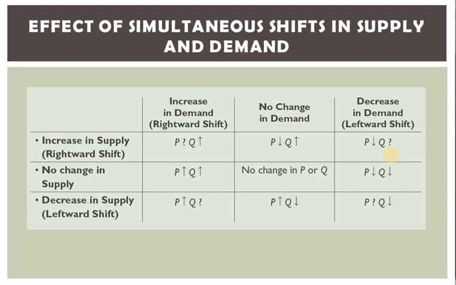Kaya kahit anong gawin mong baba ng presyo mo, still, si market hindi pa rin bibili. Why? Because hindi na siya swak sa panlasa, hindi na siya needs, or hindi na siya wants ng iyong consumers. So, in our supply here, no changes in supply. Walang bago, same thing, stagnant.